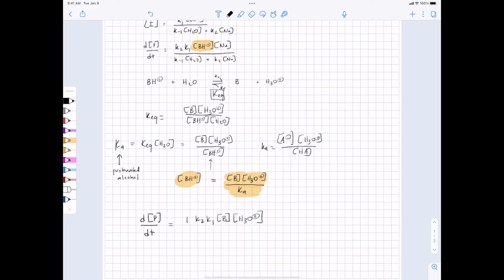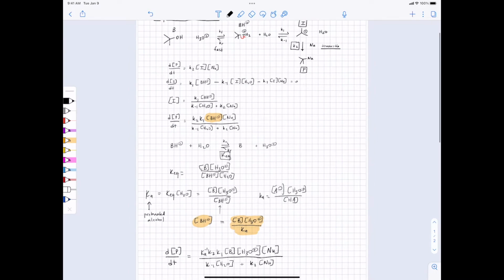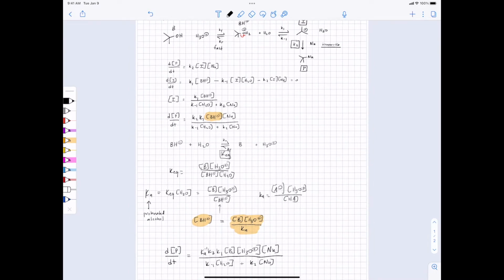It's actually going to be easier to write that out with Ka to the exponent -1 there in the numerator, and the nucleophile concentration here. The denominator is just the same as it was, K minus 1 times the concentration of water plus K2 times the concentration of nucleophile. So this now gives us a rate law that should make some sense.